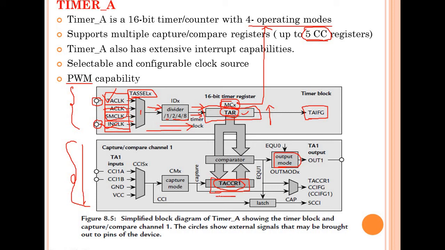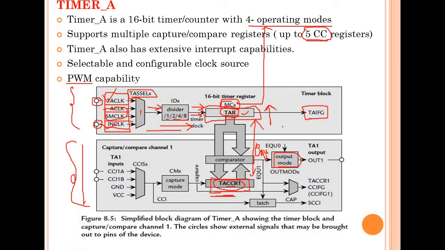When the counter reaches that value, it will always compare the counting value with this compare value. When these two values become equal, the timer will automatically generate an interrupt, so that you can know that amount of delay is reached.